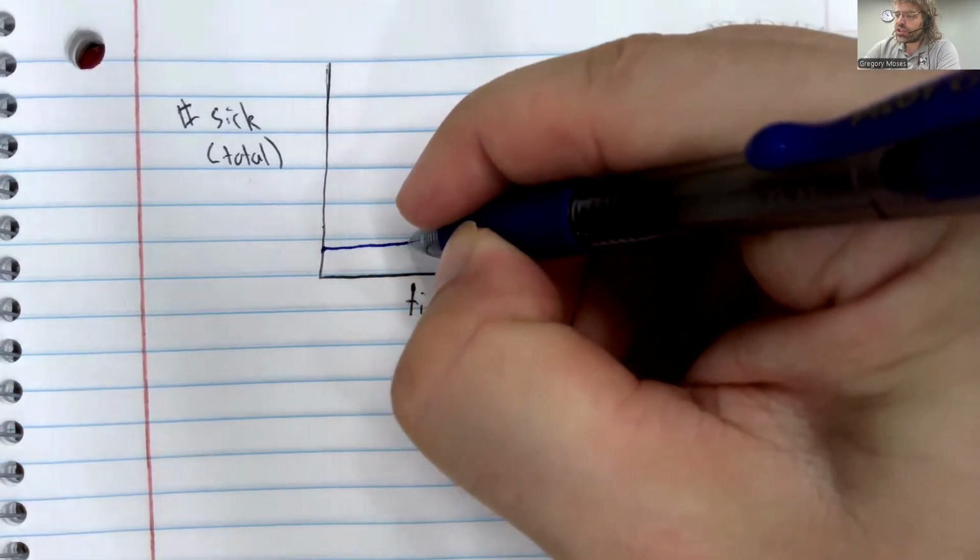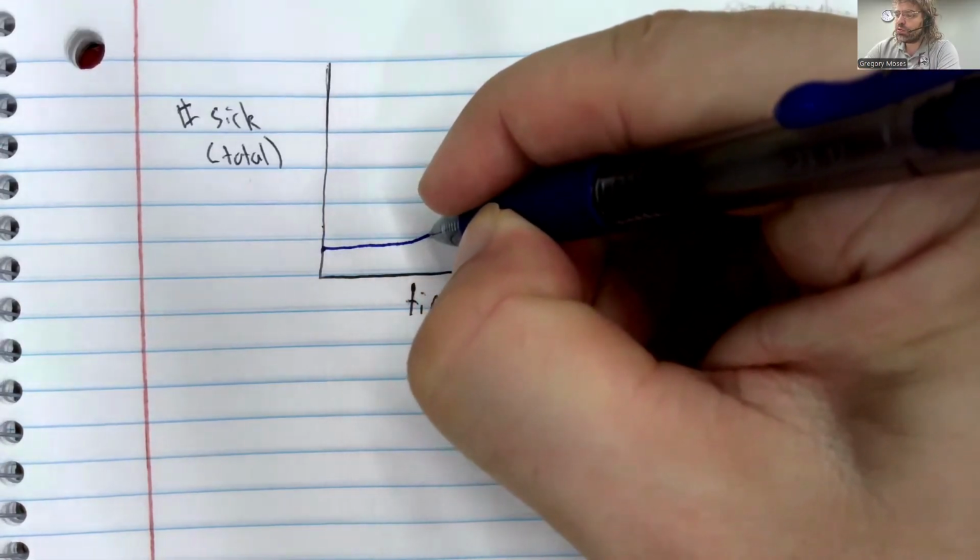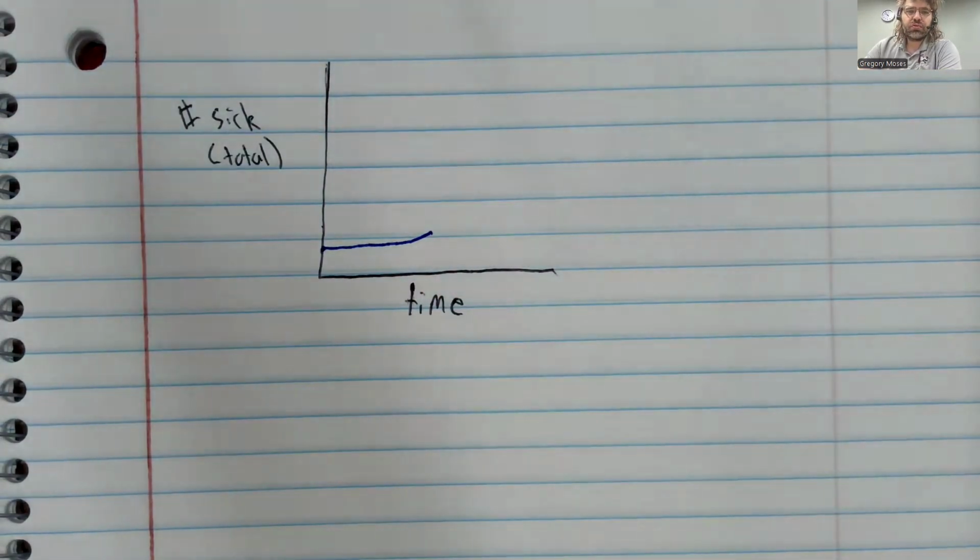And maybe initially it increases slowly, because if this sickness is spread person to person, then if there are only a few sick people, there are only a few people spreading the sickness.